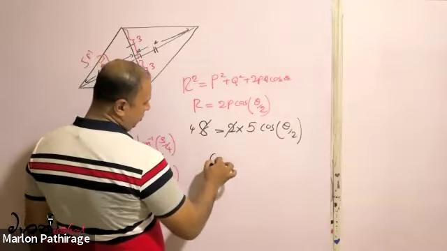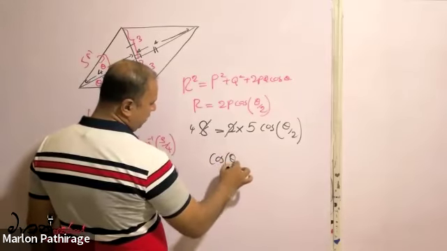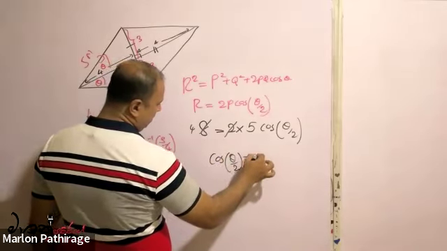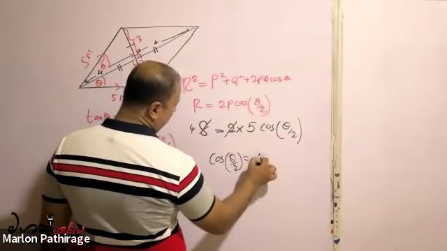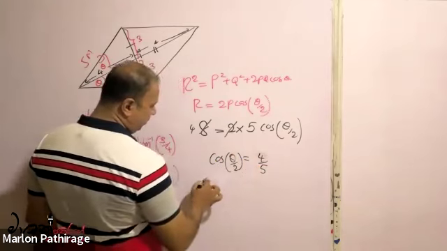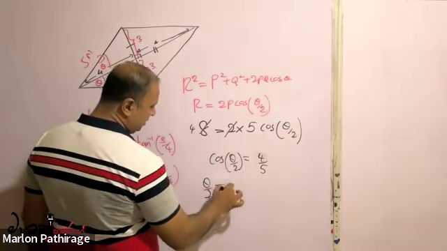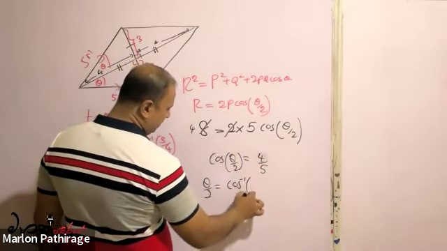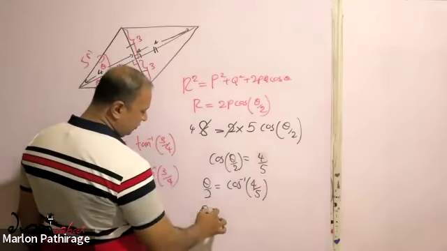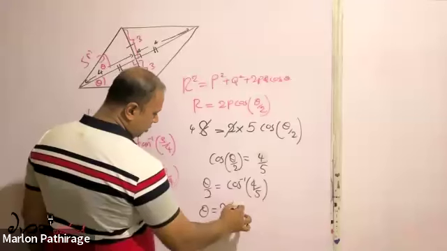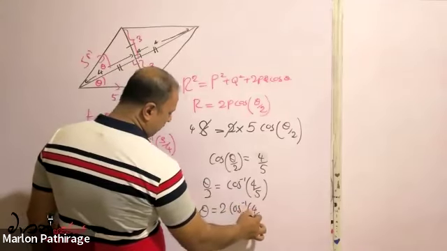Therefore, cos theta over 2 means 4 over 5. Therefore, theta over 2 is cos inverse 4 over 5. Therefore, theta is equal to 2 times cos inverse 4 over 5.